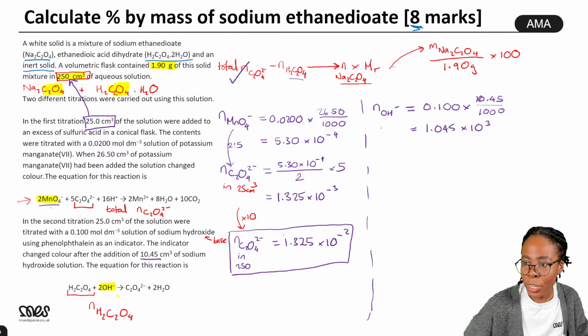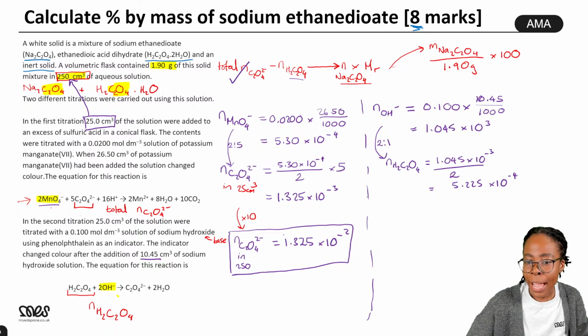Okay, we'll then look at our ratio to find the moles of our ethanedioic acid. What's the ratio? 2 to 1. So divide by 2. 5.225 times 10 to the minus 4.